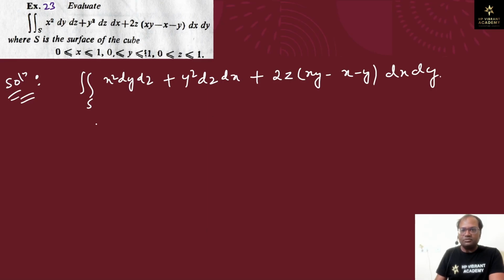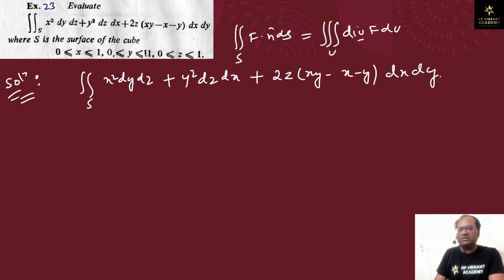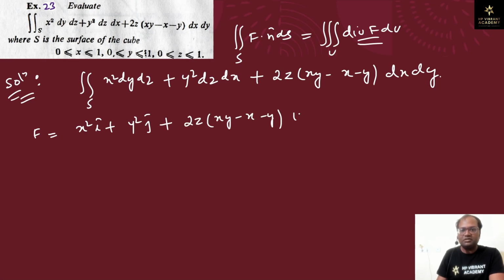On comparing this with surface integral F dot n cap dS, with the basic expression for the Gauss divergence theorem, that is volume integral divergence of F dV, we have the value of F as F is equal to x square i cap plus y square j cap plus 2z xy minus x minus y k cap.